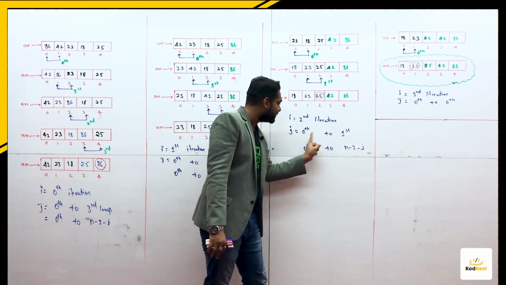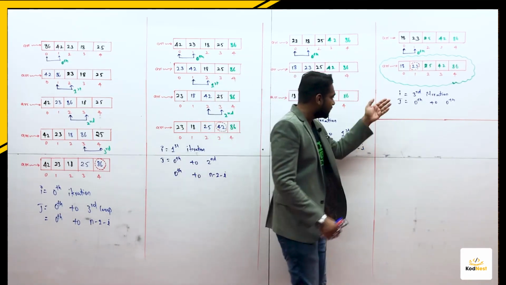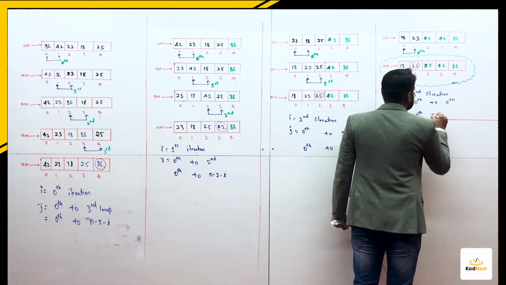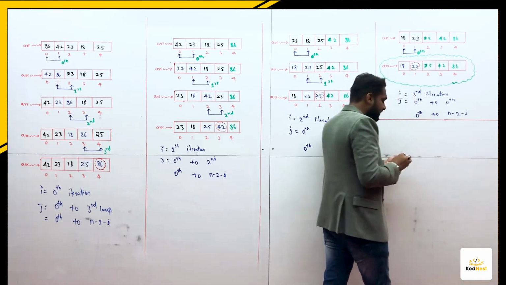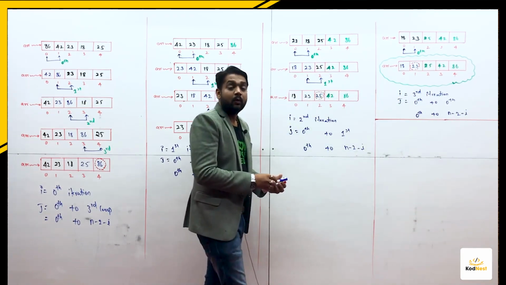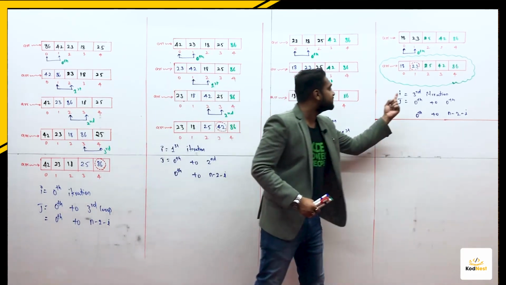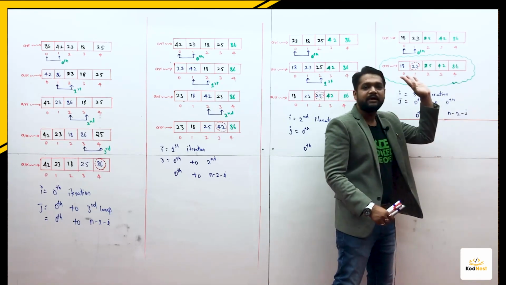Correct, 0 to 1 comparison. Not only here, here also I am doing the same thing. The number of comparisons starts from 0 and goes until n minus 2 minus i. The n value is 5. 5 minus 2 is 3. 3 minus i is 3. What is 3 minus 3? 0. Correct. 0 to 0 comparison I am doing.